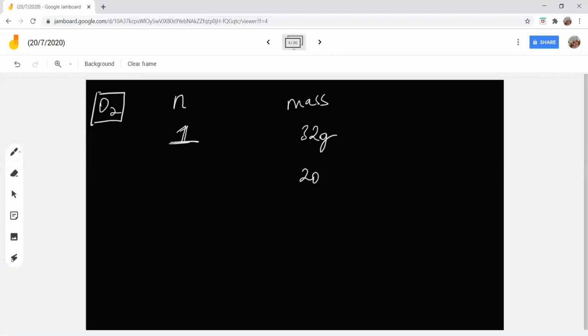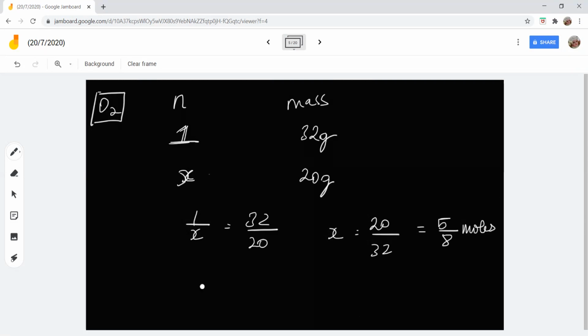So what will be the number of moles in 20 grams? 1 by x is equal to 32 by 20, so x is equal to 20 by 32. What answer are you getting? I think it is 5 by 8. Yes or no? So you have 5 by 8 moles of oxygen.